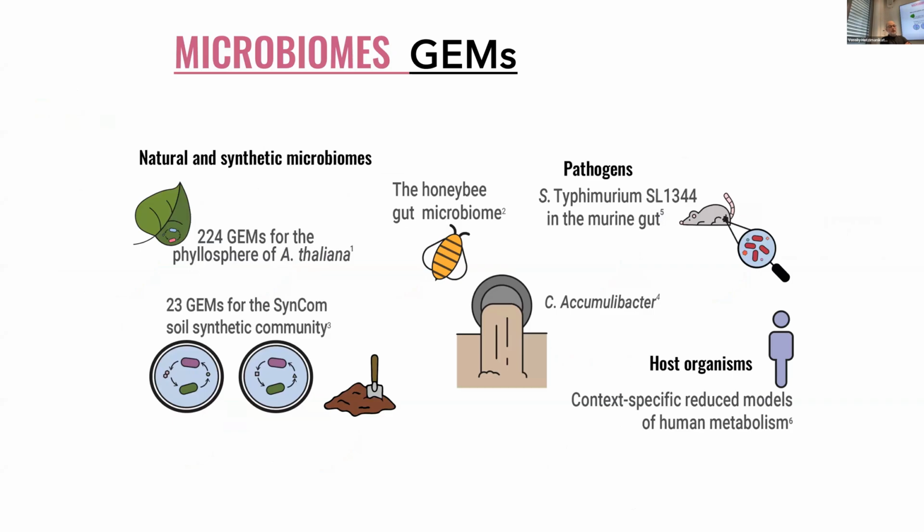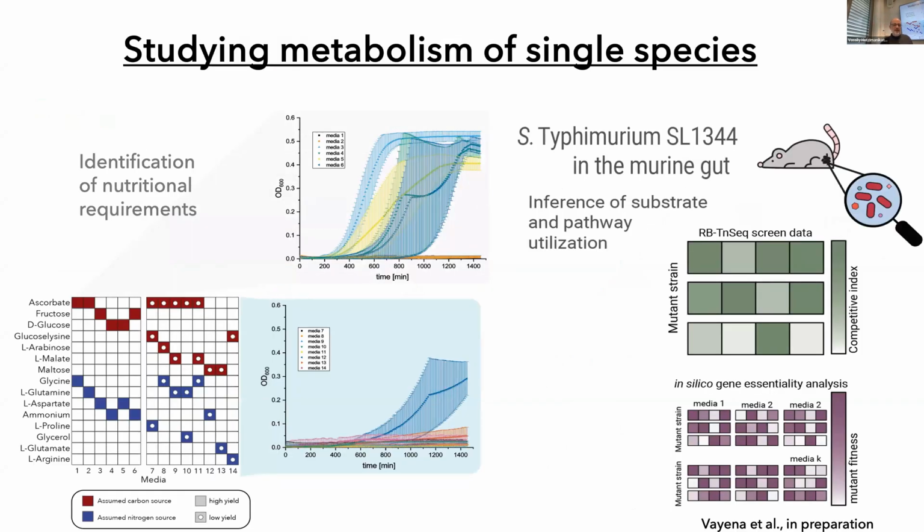Right now we have more than 200 GEMs: 224 organisms in the phyllosphere of Arabidopsis thaliana, 23 organisms for a synthetic soil community, the honeybee gut microbiome, pathogens, and we are now looking to increase in all these different directions.